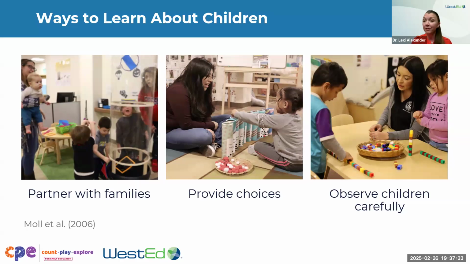And this may happen in many different ways. So this could be casual conversations with families during pickup or drop off. We can invite families to share information about their children's lived experiences outside of the classroom. Or we can ask families to even share items or photos from home. This is such a great way to learn about what children experience when they're not in our learning settings.